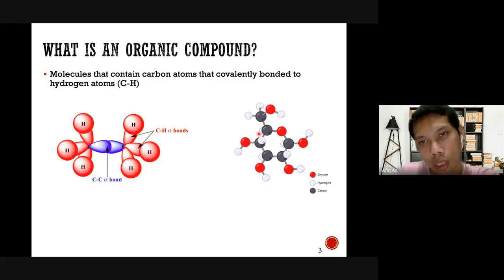This is another example or representation. Some of it may also contain a heteroatom, such as oxygen, nitrogen, sulfur, and you can also have halogens from group 17, like chlorine, bromine, iodine, or fluorine.